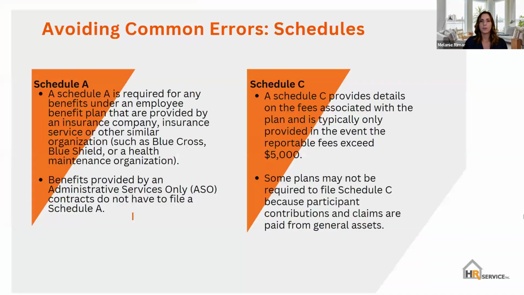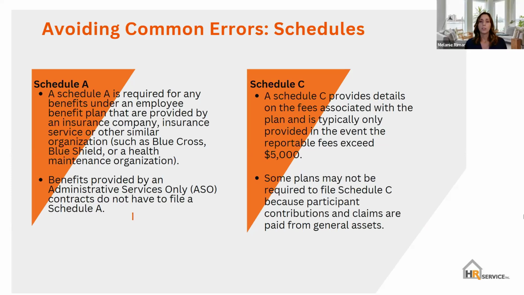So some other things are with schedules. Schedule A's would be required for any benefit plan that is provided through an insurance company. So your Blue Cross, Cigna, Delta Dental, any of those would require a Schedule A. The only time that we would not need to file a Schedule A is if benefits are provided by an administrative services only, so an ASO.